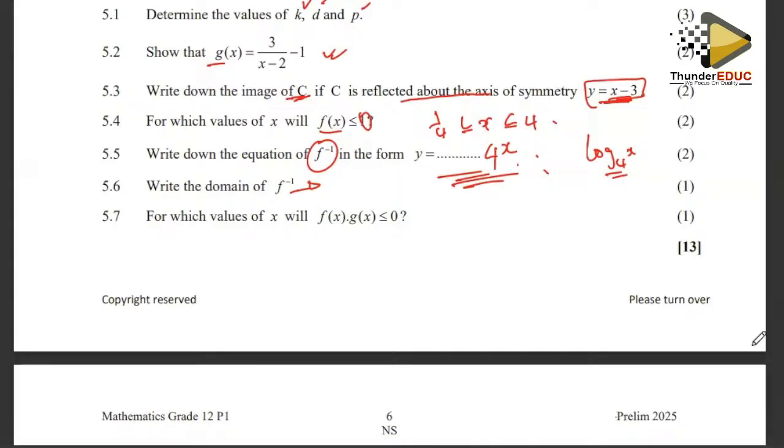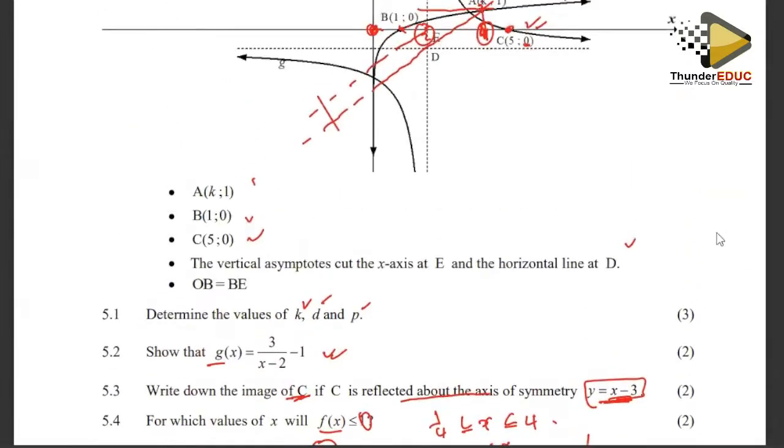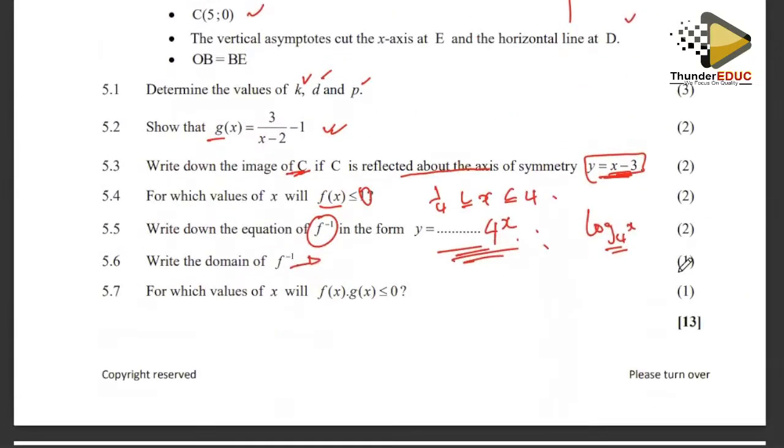If I just look at the technical sketch, if x is a 0, we're going to have a 1. It's an increasing graph. But since they're asking for the domain, x is going to be an element of real numbers.